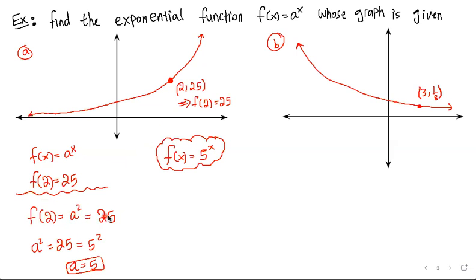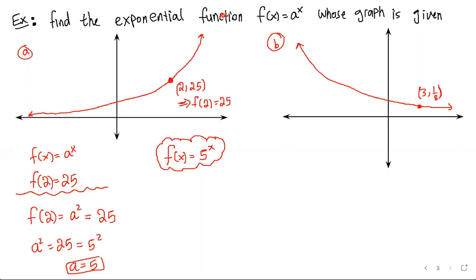Since a squared equals 25 and 25 is 5 to the 2, the exponents 2 and 2 are equal, so the bases must be equal. So a equals 5, and f of x equals 5 to the x.